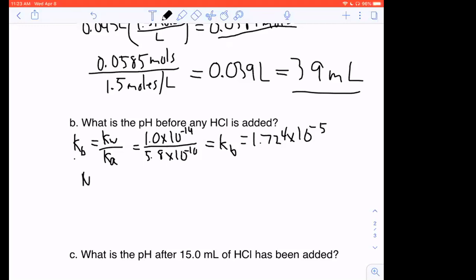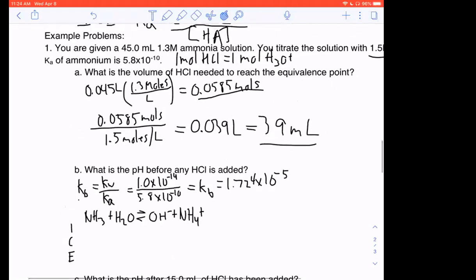So we have NH3 plus H2O goes to OH minus plus NH4 plus. We know the initial concentration of NH3 is what it gave us as the concentration in the solution, which is 1.3 molar ammonia.